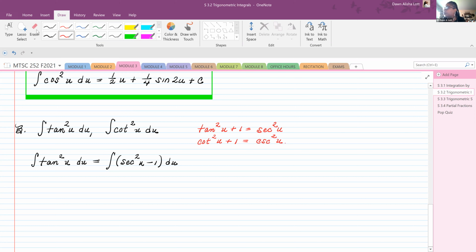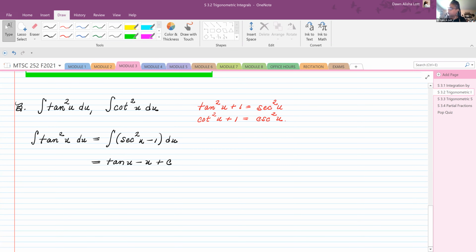Okay, so once I switch this over to secant squared, this is easy because the integral of secant squared is tangent, and the integral of 1 is just u. So now we get the integral of the tangent squared of u is equal to the tangent of u minus u plus a constant.